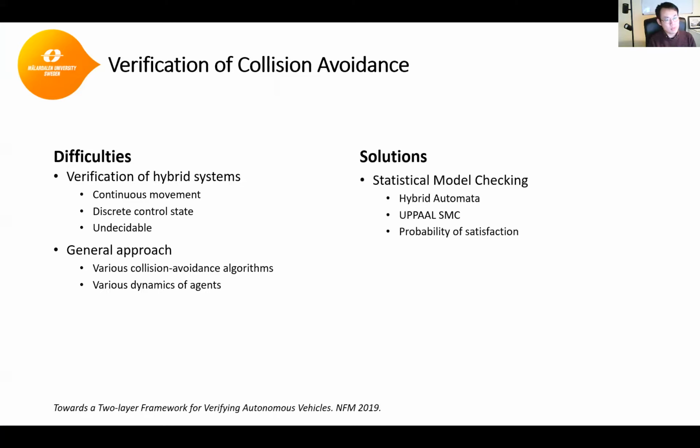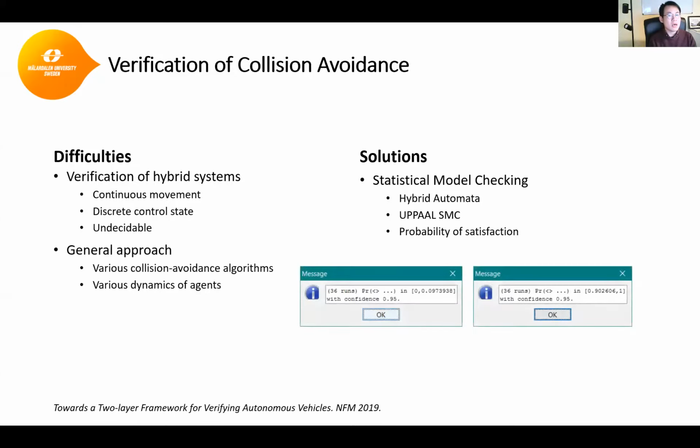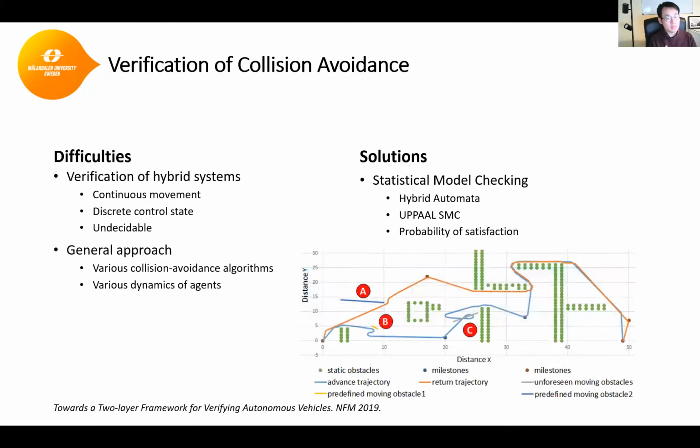So first, we came up with the idea of using statistical model checking with UPPAAL SMC. We model the agent model as hybrid automata and use statistical model checking to generate the probability of satisfaction of collision avoidance. In SMC, we can also simulate the model to generate the continuous trajectories of the agents.